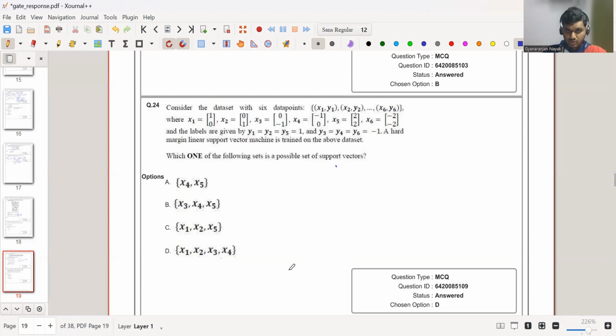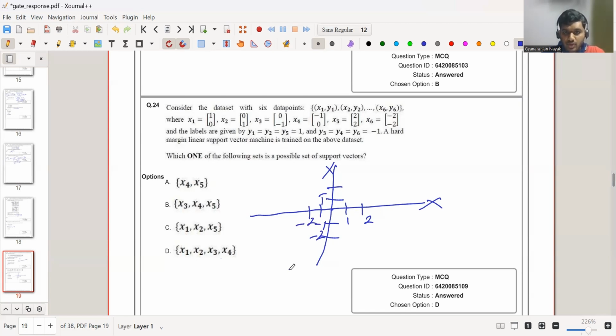Okay, if you draw, you can imagine the answer. Draw the x axis and y axis with values 1, 2, -1, -2. You notice the first point x1 is (1, 0).